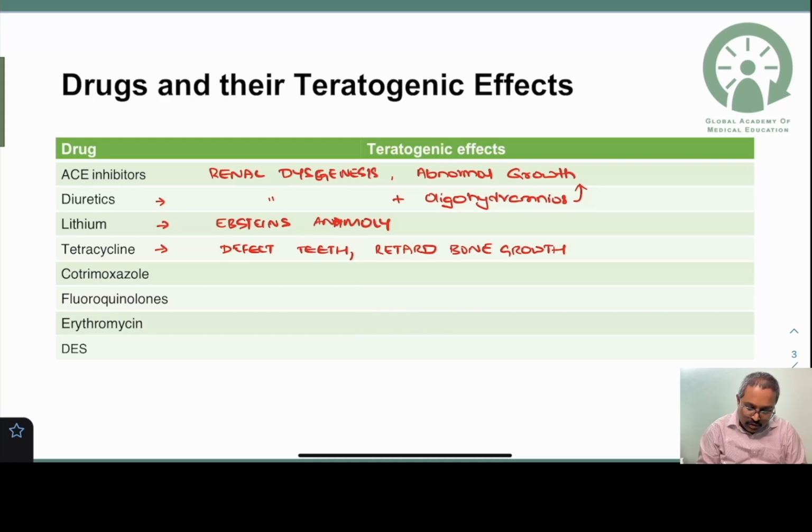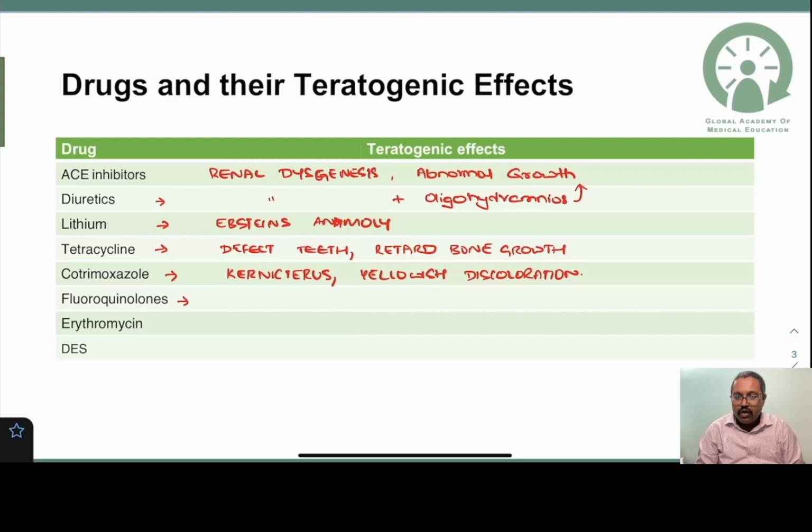So what about cotrimoxazole? Cotrimoxazole is known to cause kernicterus. It is also called yellowish discoloration or yellow baby syndrome.